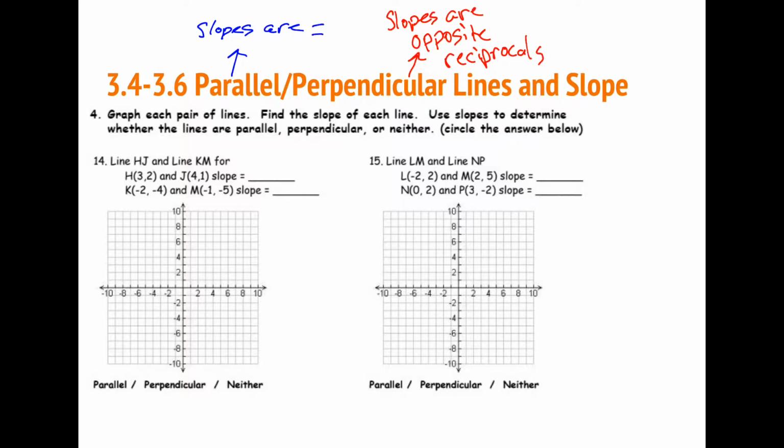And what we mean by that is if one of the slopes is 2/3, then a line that is perpendicular to that has a slope that is opposite. So since 2/3 is positive, this slope is going to be negative. And by reciprocal, we mean flipping the fraction. So 3/2. So because they're opposite, one's positive, one's negative, and the fractions are flipped. Just be careful with that real quick.